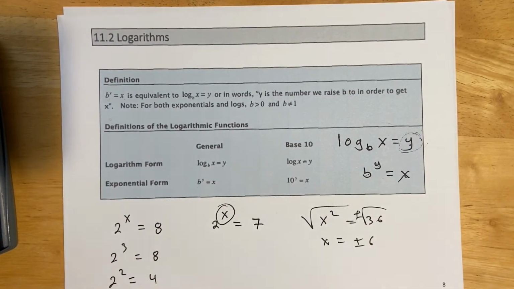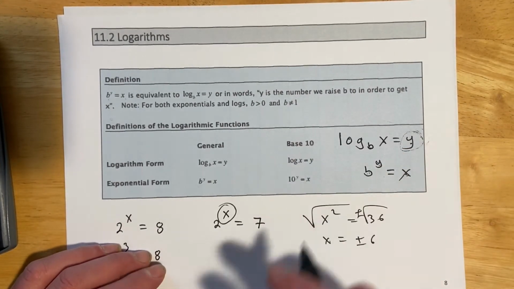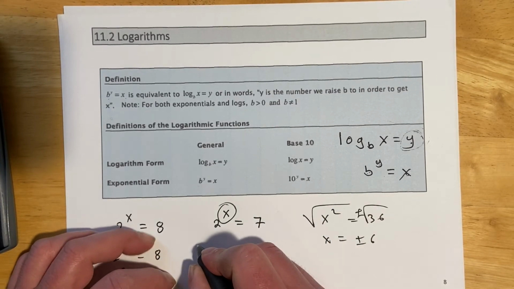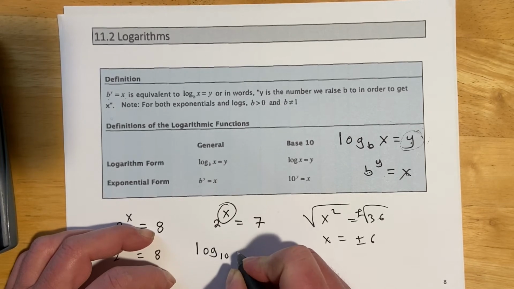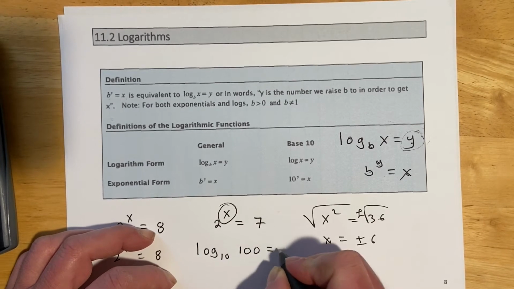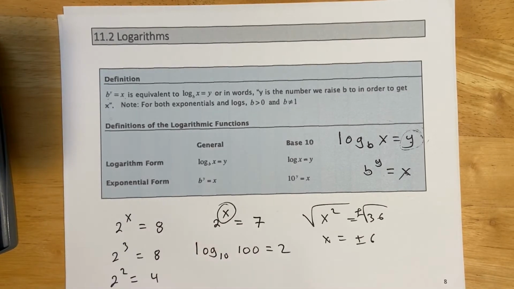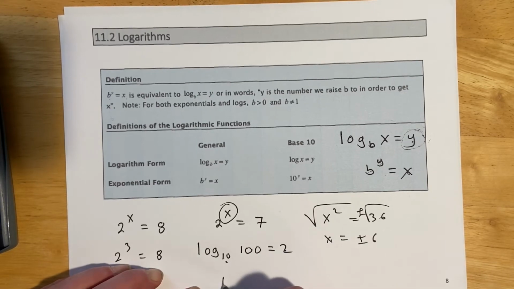This is so much better with some numbers in it, so I'm going to do the same thing. That's the general form. This just hurt my brain when I was a student, so let me show you what I did. Log base 10 of 100 is 2, because I could look at this and go, okay, that's because 10 squared makes 100.